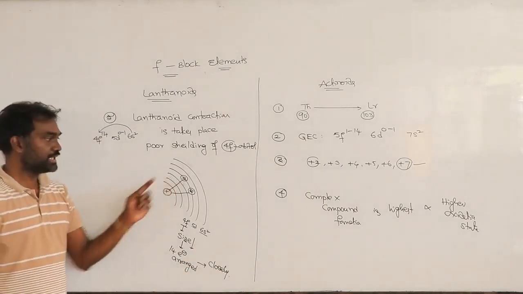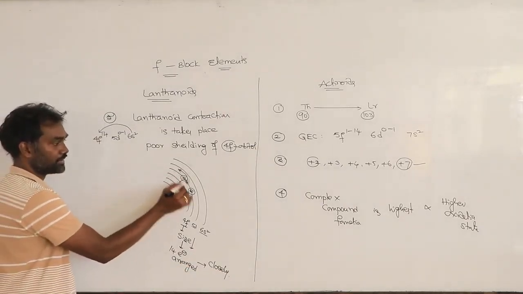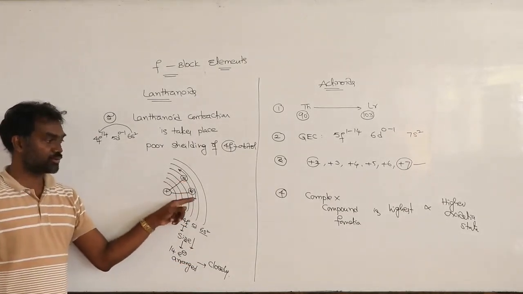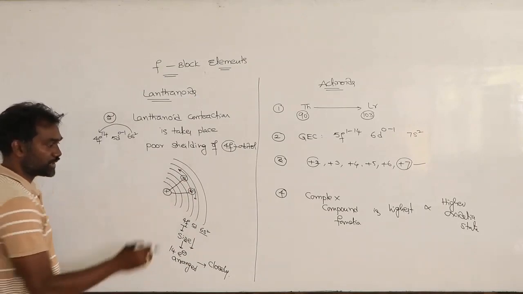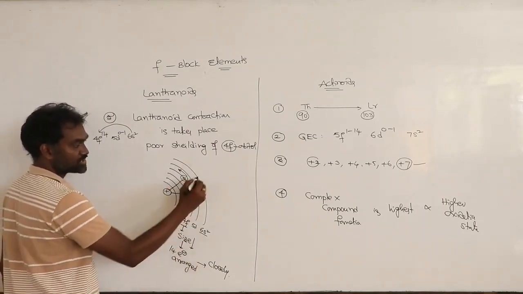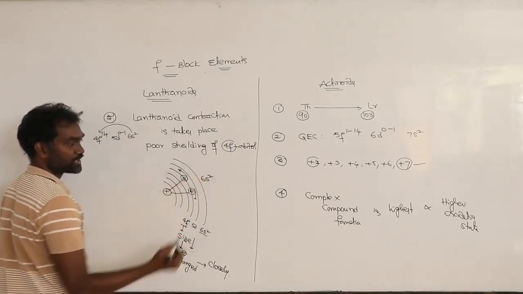That means repulsions happen. Close arrangement means negative repulsion happens, so the nuclear charge suddenly goes outside. Who is outside? The 6s2 electrons are there.